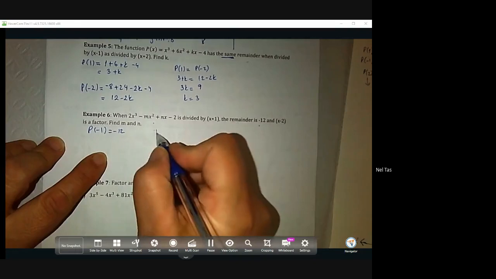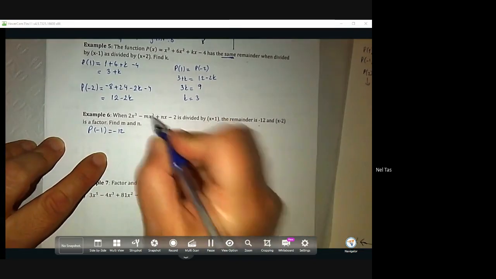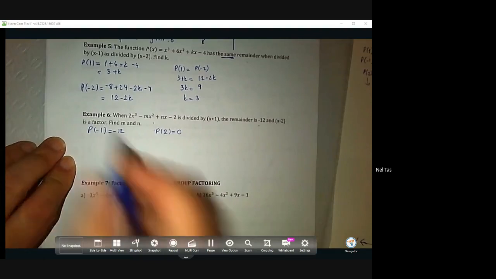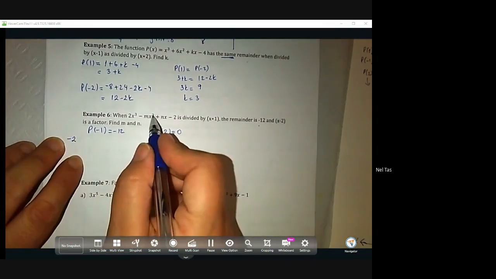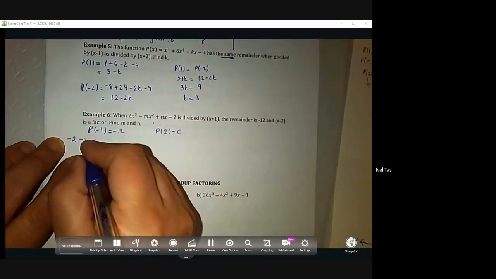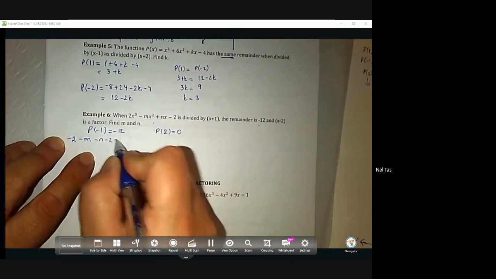So when we substitute 2 in this polynomial, I should get 0 as the remainder. Let's substitute negative 1. Negative 1 cubed is negative 1, times 2 is negative 2. Negative 1 squared is 1, times negative m, negative m. Negative 1 times n is negative n, minus 2 equals negative 12.